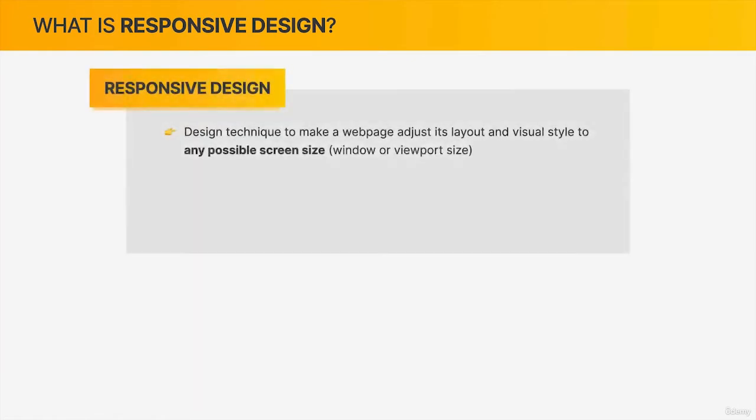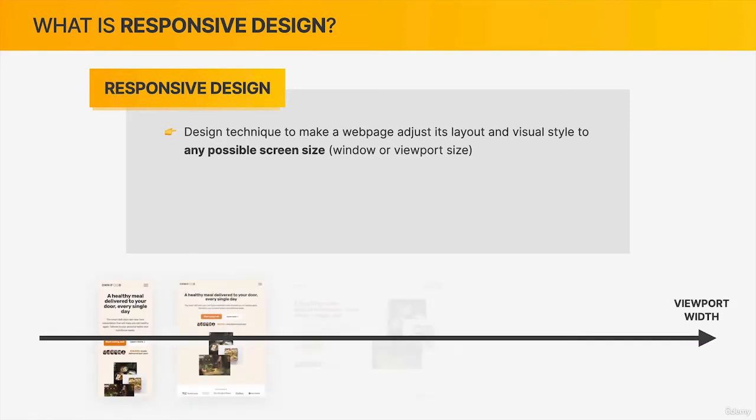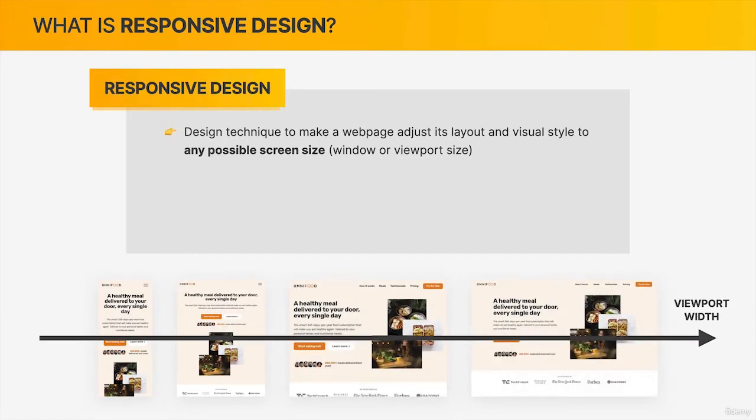So responsive design, or responsive web design, as it's been more traditionally called, is essentially a technique that we can use to make a web page adjust its layout and its visual style to any possible screen size. And with screen size, we don't just mean the entire screen of the device that is used to consume the page, but it might also just be the window or the viewport size of the browser.